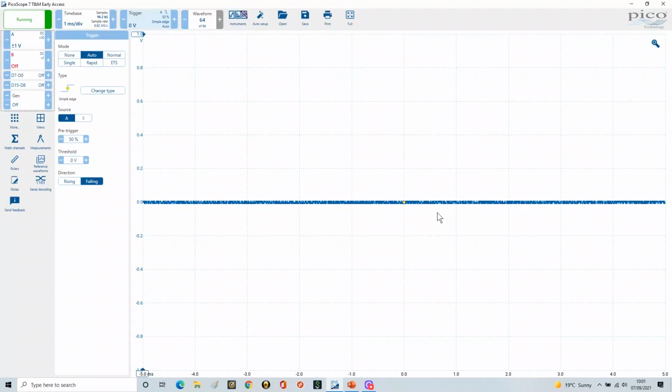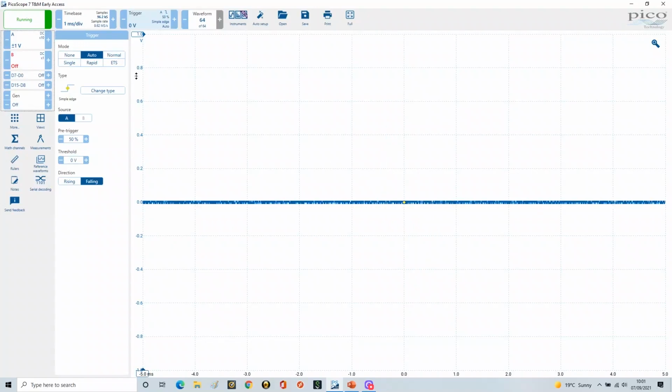So it's not necessarily triggering on the event. What it is doing is it can trigger on the event, but it also, if it hasn't had a trigger for a while, it says, oh, I'm going to trigger the scope anyway and catch whatever's there. Hence the reason you see the signal appearing and then disappearing. Because that's in reality what's going on, but that's actually maybe not necessarily of great use to us.